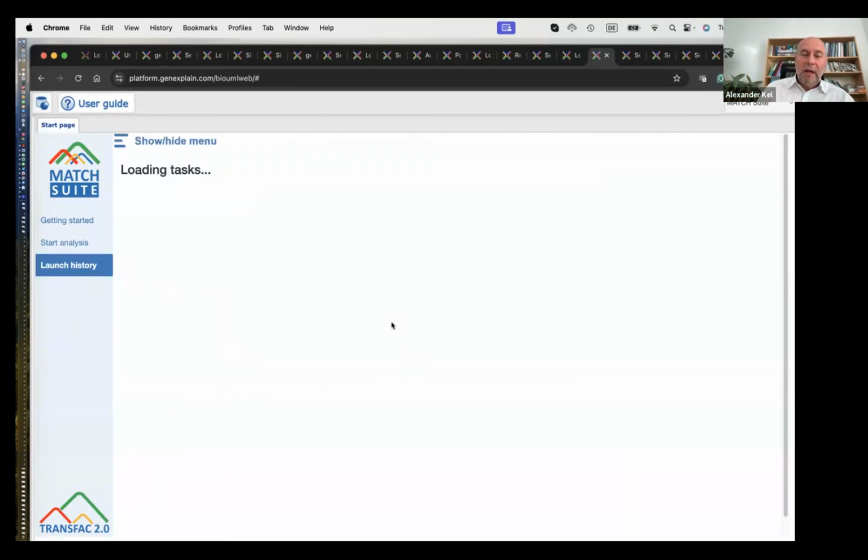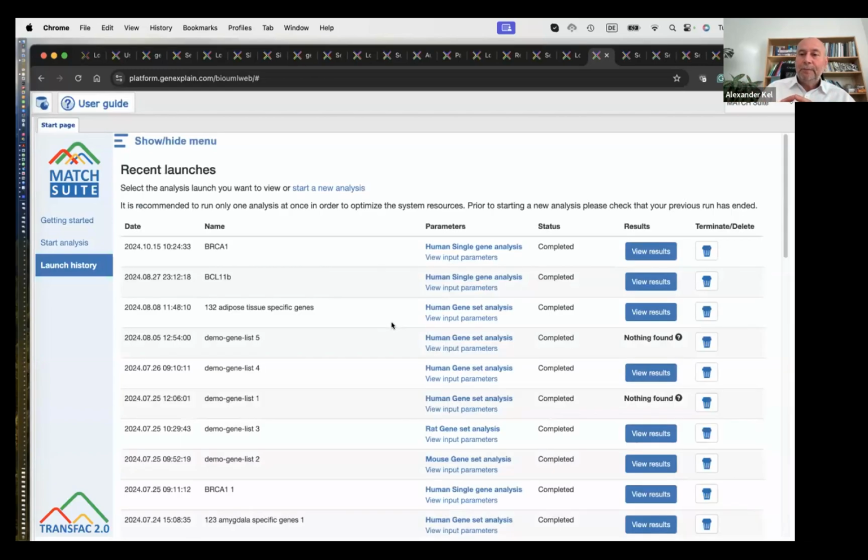Still, in the Match Suite tool, we try to filter those binding sites from the point of view of affinity criteria. So before searching for binding sites in your promoter, we estimate whether this motif has a potential to bind to this promoter from the point of view of affinity criteria.